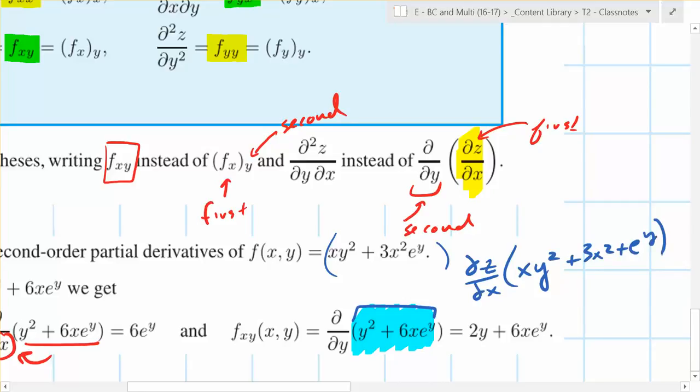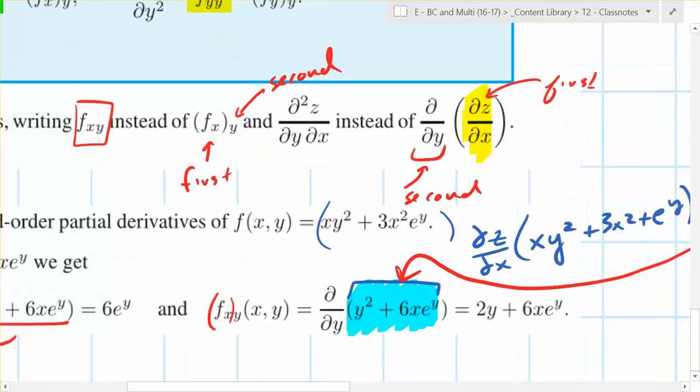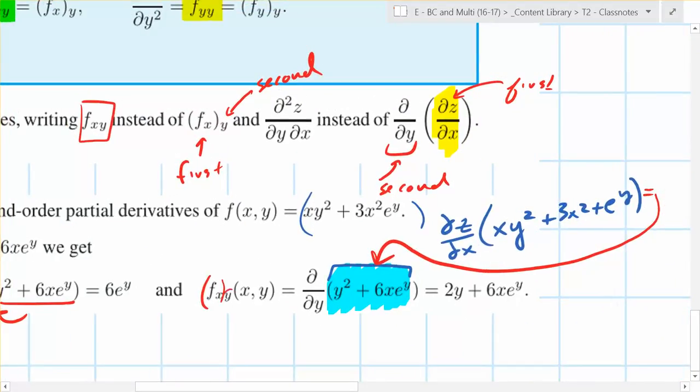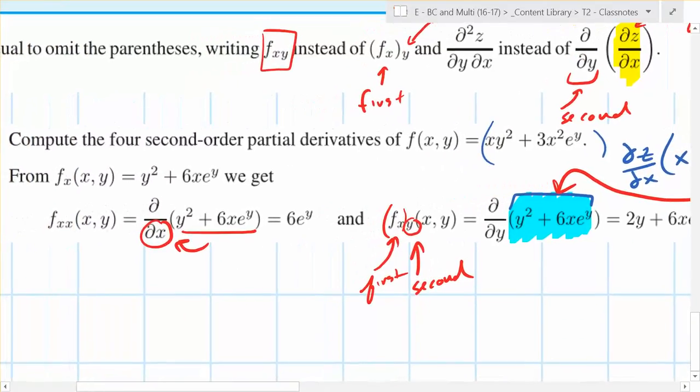What is that? It is that, right? This is right there. So which one did we do first? We did the with respect to x, and then what? So again, that was first, and this was what? Second.